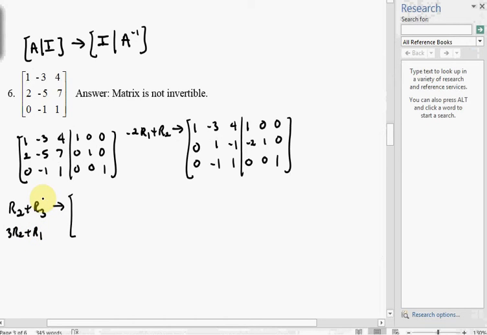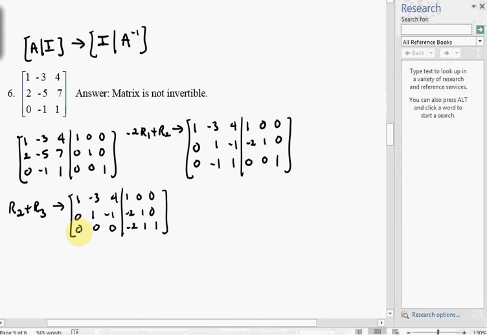But once you do that first operation, we're going to get something good. So I'm not going to even do that. Since I'm not doing that, I'm not going to write it. This is 0, 0, 0, negative 2, 1, and 1.